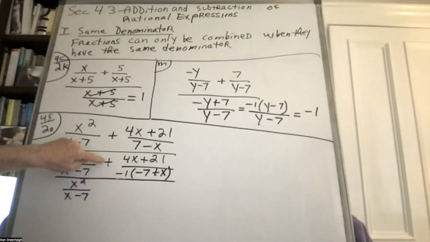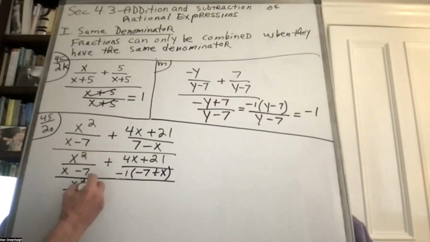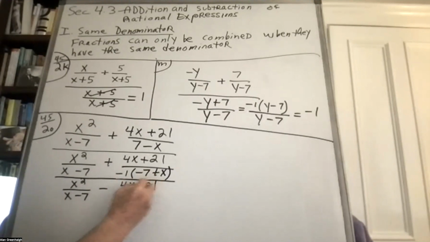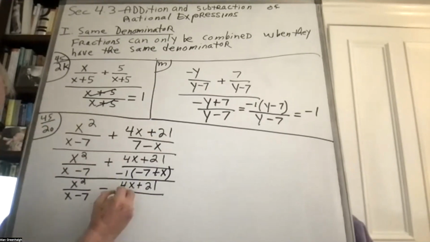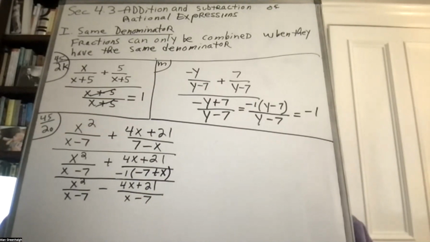However, if we put that up on top, then that's where it belongs. So let's put the negative over there. We have 4x plus 21 and let's take this and switch it around. And this is what we have.